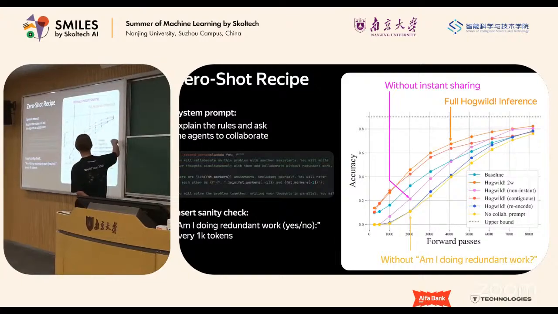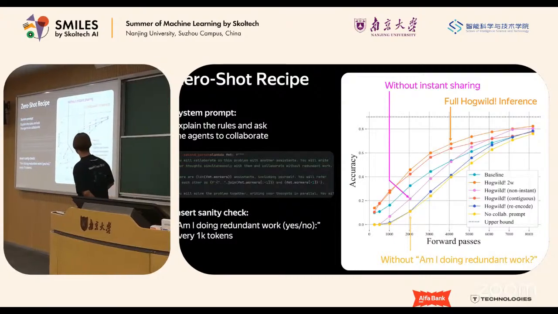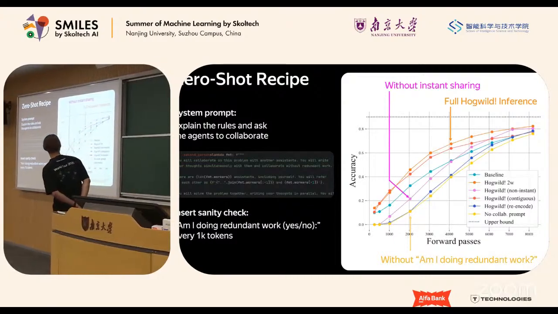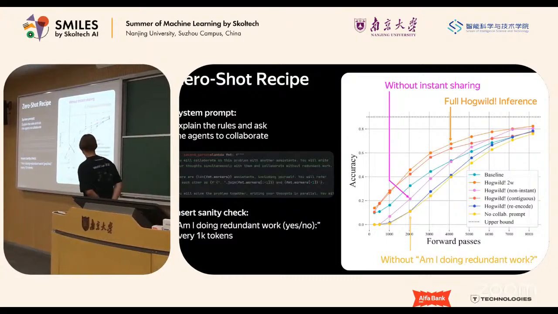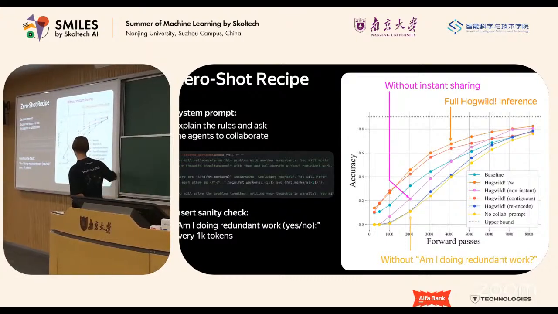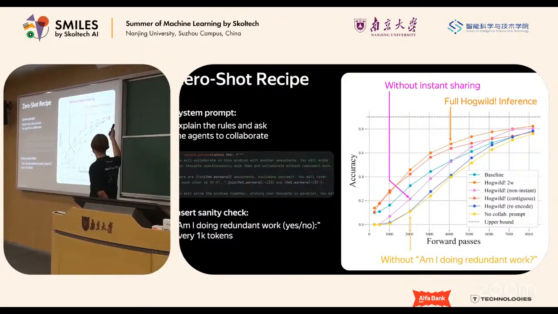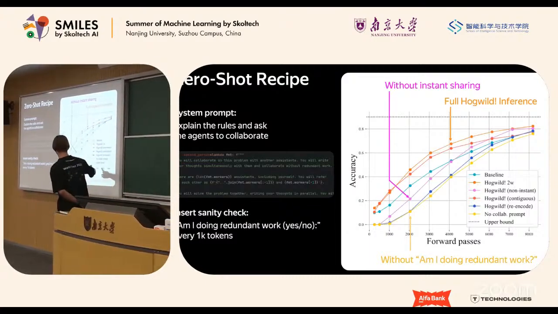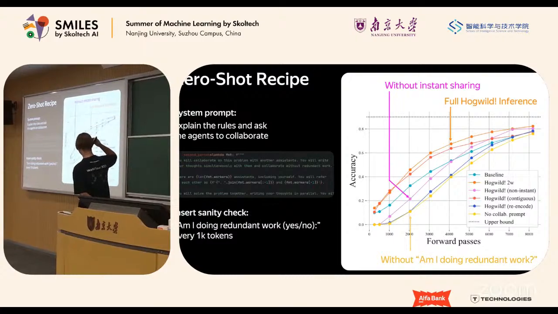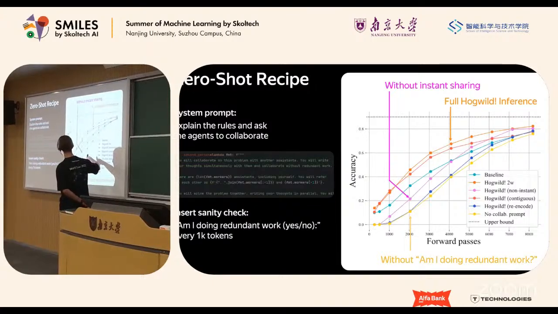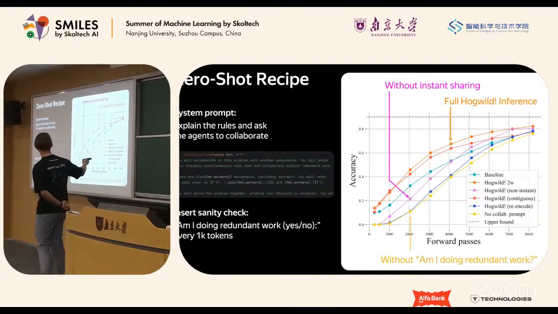You can look at Hogwild, that is the orange line, which is a little bit higher overall, and some other variants which are not that important, except the yellow one, which is without that collaborativeness prompt, which is worse at every point than the baseline. So if you want to compare two lines, you can see that the accuracy for the fixed budget is higher.